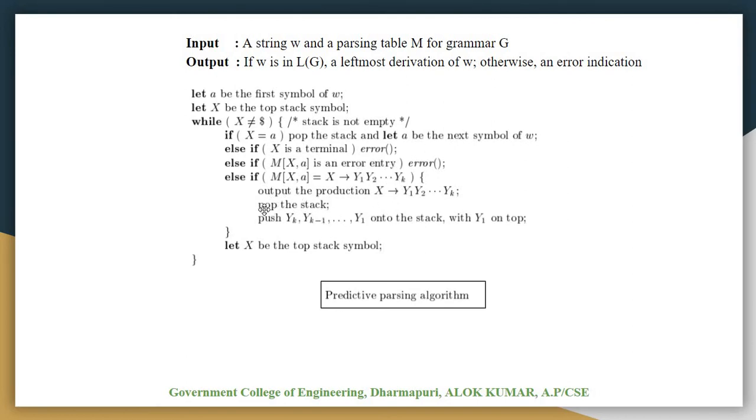So you can see, we pop X, and push in reverse manner, like Yk firstly, after that Yk minus 1, and so on up to Y1, so that Y1 should be on the top of the stack. And let X be the top of the stack symbol, as we have already seen. So this one is the algorithm, and with this we will see one example.